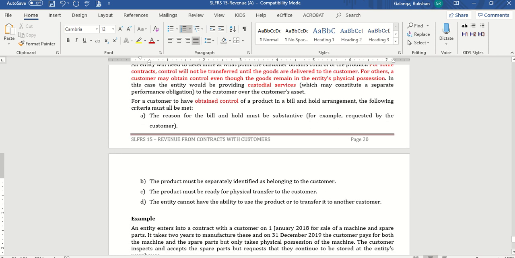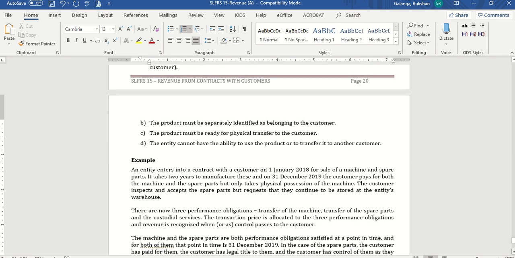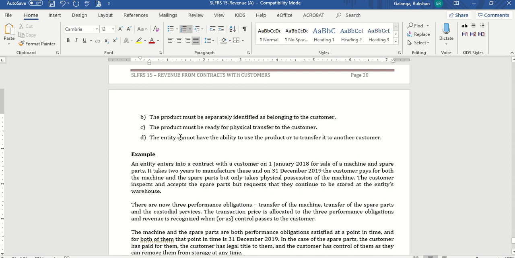Entity cannot have the ability to use the product or transfer it to another customer. මේක වෙන customer කෙනෙකුට යවන්න බෑ. ටික specifically identify කරලා තියෙනවා. right ඔය ටික මේ හෙට deliver කරන්න තියෙන්නේ කියලා. එහෙමනම් you can assume that the control has passed. Accordingly, you can recognize the revenue even though you have done the bill and hold basis.